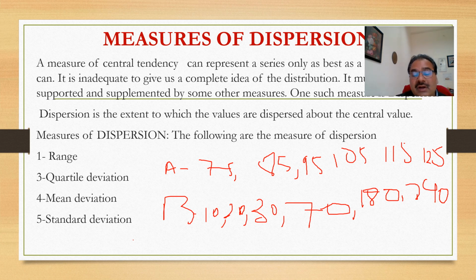Here, we are going to address four measures of dispersion. First is range, second is quartile deviation, third is mean deviation, and last is standard deviation.